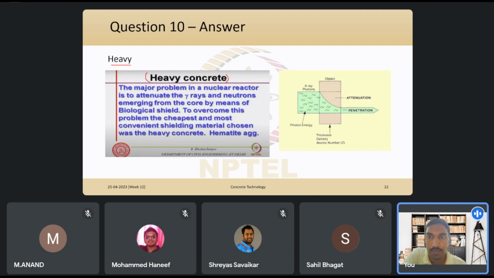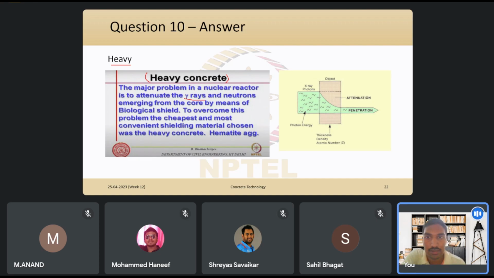So what's the concern here in the nuclear reactor core? There will be gamma rays and neutrons emerging from your nuclear reactor core. Because these are harmful, we need to be able to shield these rays. We should make sure that these rays do not penetrate the confinement that we are creating.